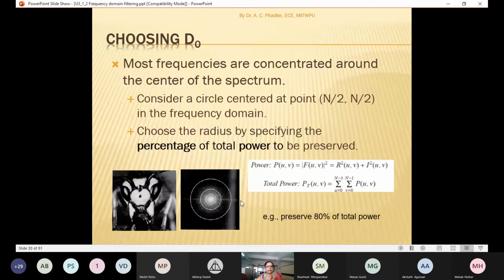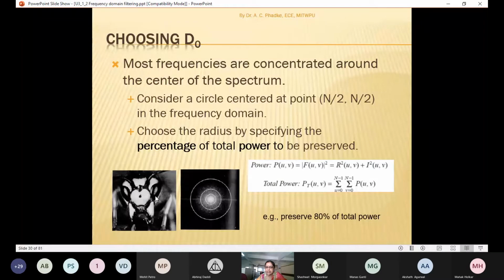Okay. So now how to choose this cutoff frequency, how to choose D0, is very, very important when we are using low pass filters. Most frequencies are concentrated around the center of the spectrum for most natural images. So most natural images contain more low frequency and mid frequency components.